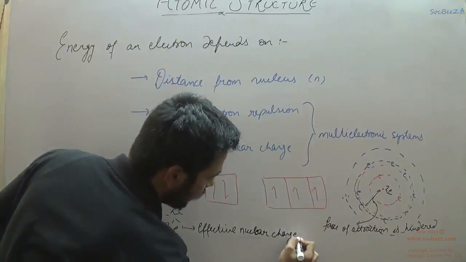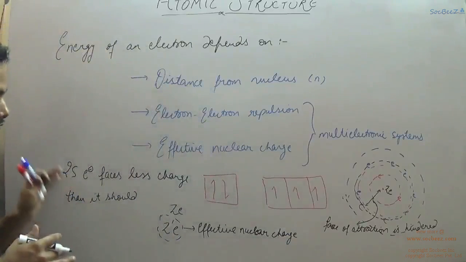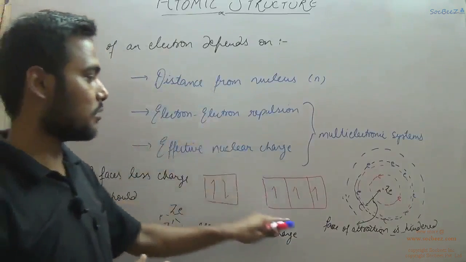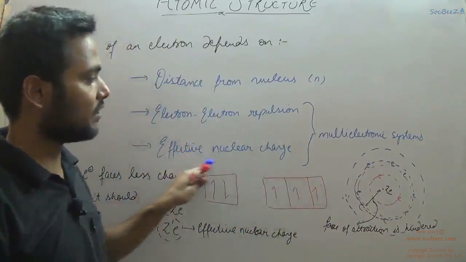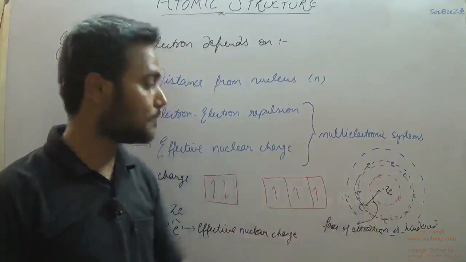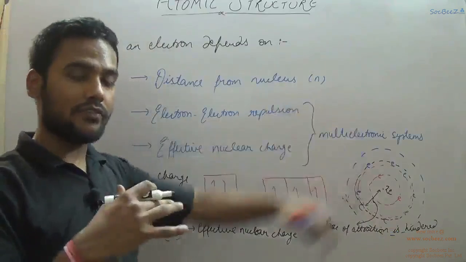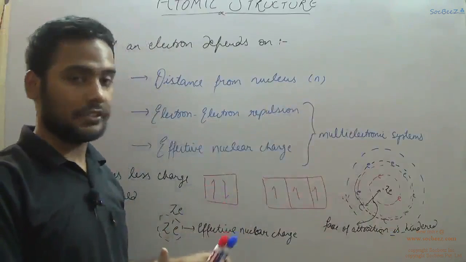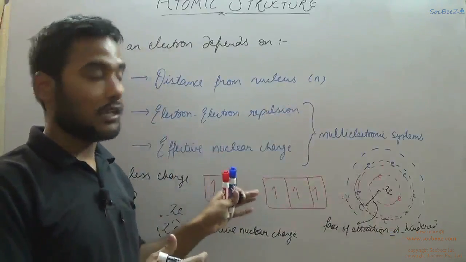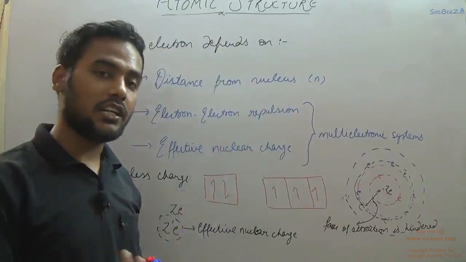Okay, so because of all these factors, because of electron-electron repulsion which we have discussed here and the effective nuclear charge which we have discussed here, the energy does not entirely depend on n. That's why we used a term that energy depends majorly on n in case of multi-electronic species.